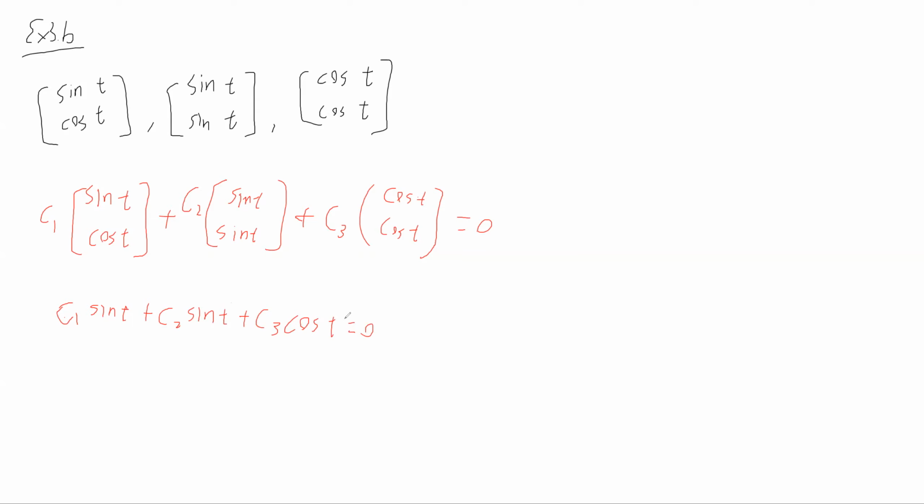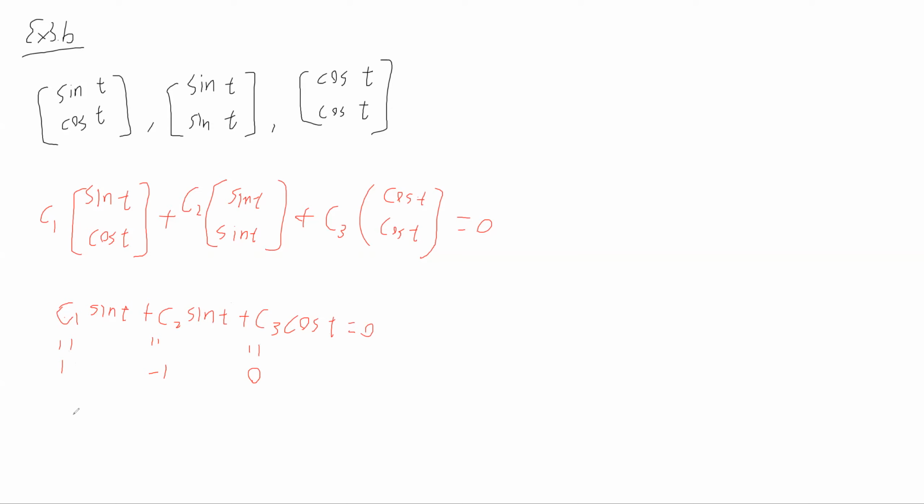Let's see. If we want to make this true, let's say I pick C1 to be 1 and C2 to be -1. That way the first 2 terms will cancel, and we'll just make C3 0. So this gives us 0. That's one attempt we can try, and let's see if it matches the second one.